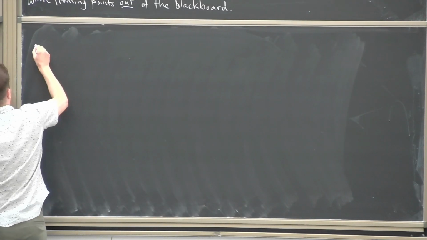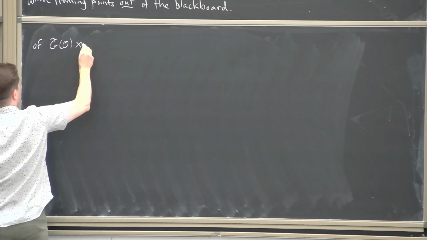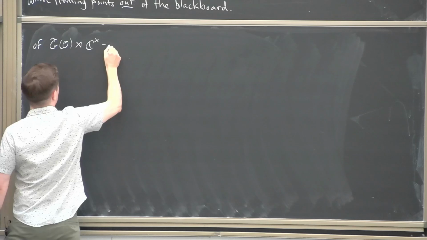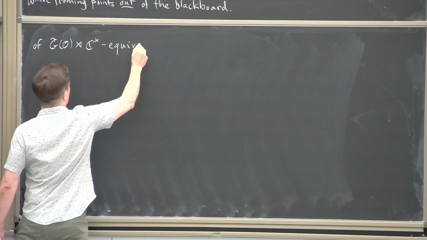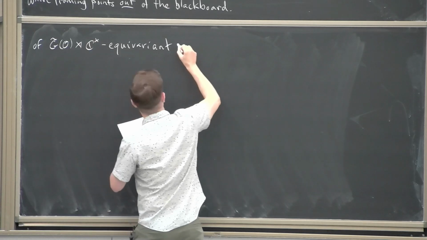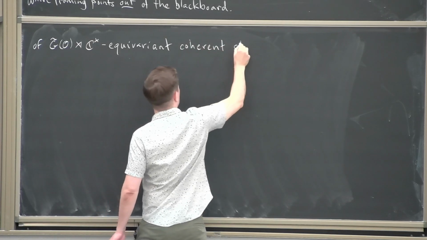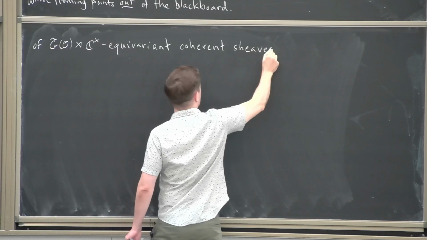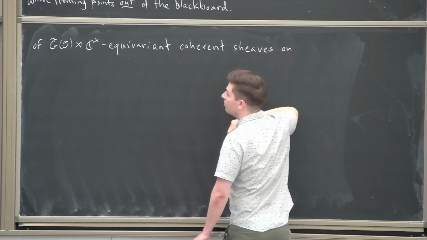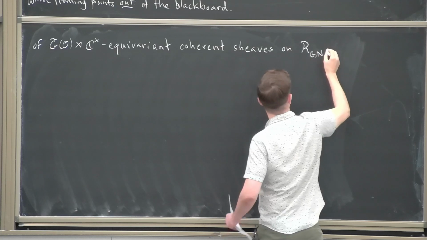This is the category of G tilde of O, semi-direct product C star, equivariant coherent sheaves on the Braverman, Finkelberg, Nakajima variety of triples.